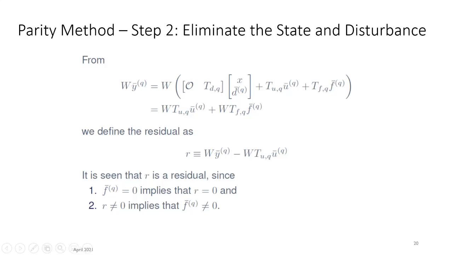One is W, the other one is minus W multiplied by T. And we believe that this residual R we have generated here has the properties we want, because you can clearly see that when fault is 0, then R is 0 as well. And when fault is not 0, then you will get R non-zero, because the left side minus this one is 0 only if F is equal to 0. If F is not 0, then R would be equal to W multiplied by T_F times F.